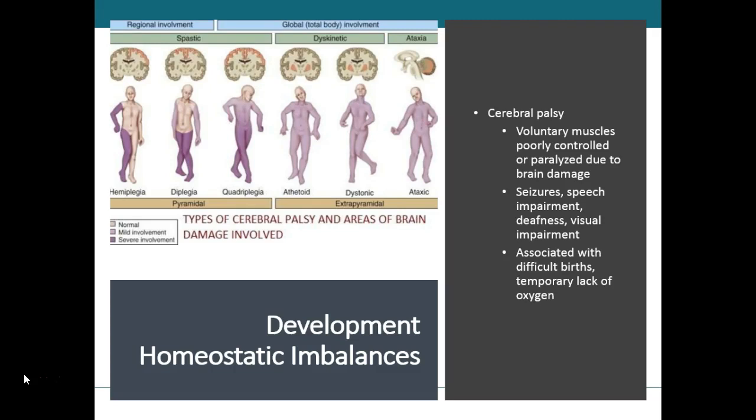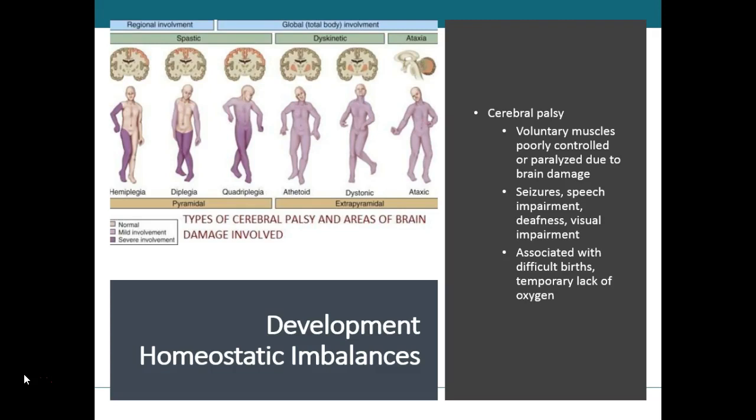Cerebral palsy is a motor disorder that results in the loss of muscle control and coordination caused by damage of the motor areas of the brain during fetal life, so before birth, at birth, or during infancy. Radiation during fetal life, temporary lack of oxygen that may occur during the birthing process, or hydrocephalus, water on the brain during infancy, can also cause CP.